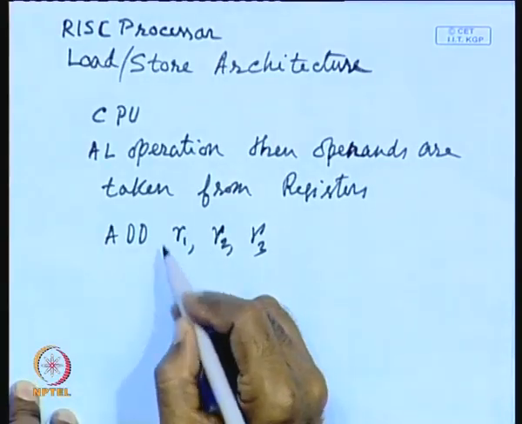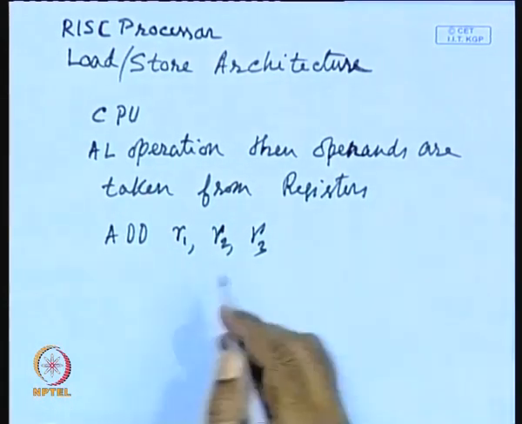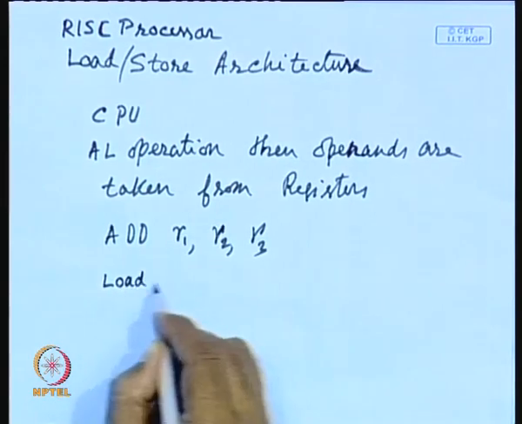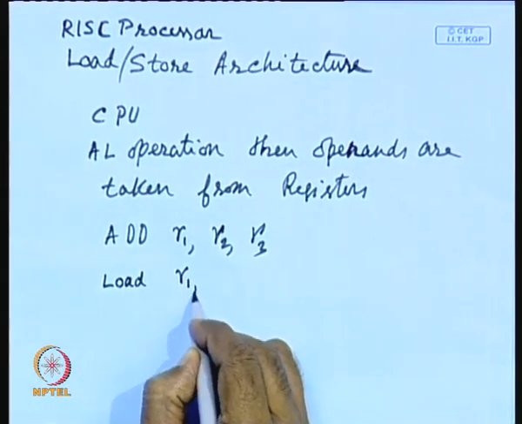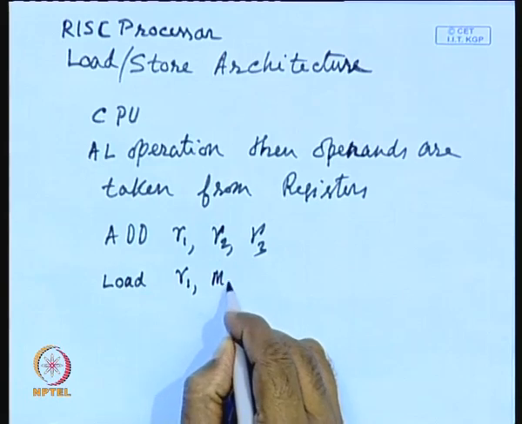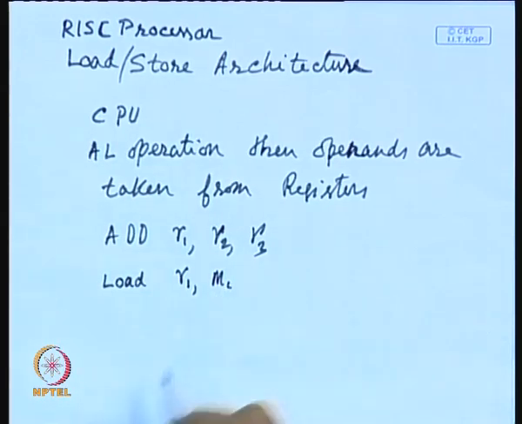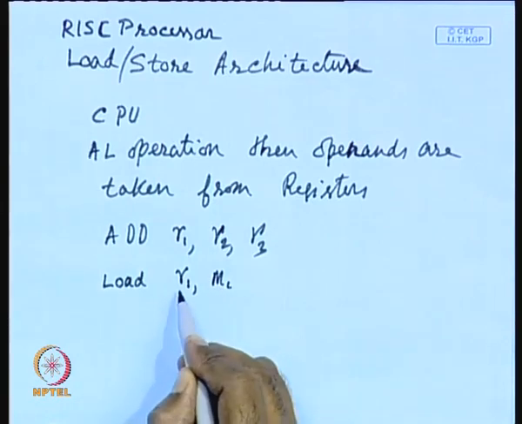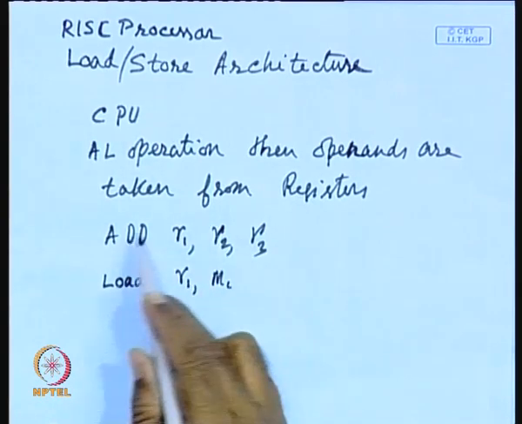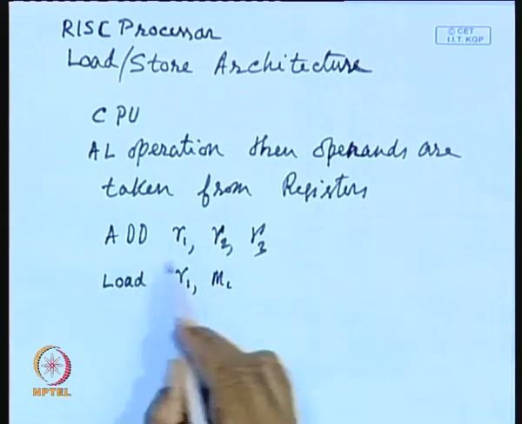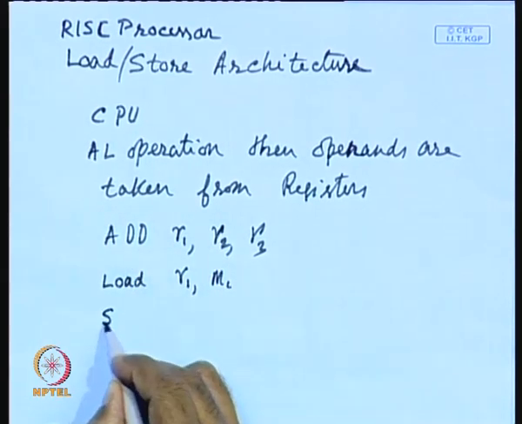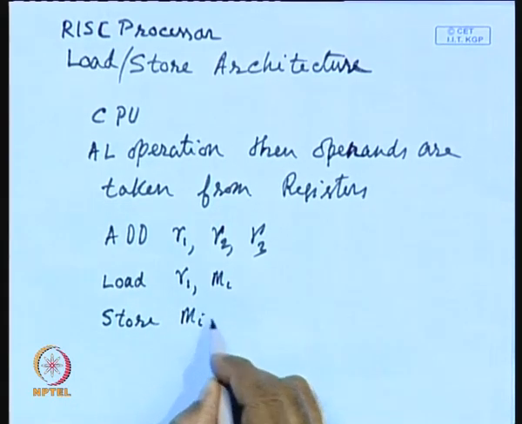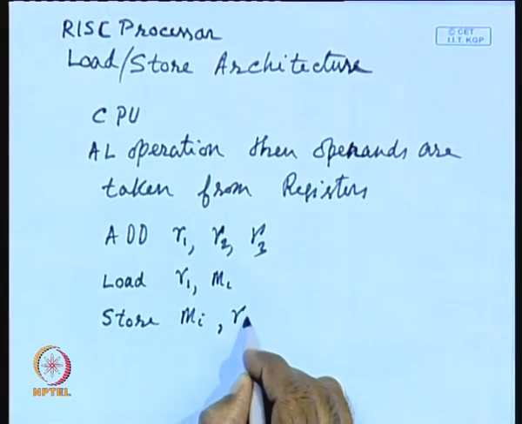So, you may ask where we shall get the data in these registers from. You have to use specific load instructions to load the value of data in R1 from a particular memory location M. So, this is an explicit load instruction you have to use to load data into the register, and then you can perform these arithmetic and logical operations. Similarly, you can store the data in a memory location from a register, say Ri.